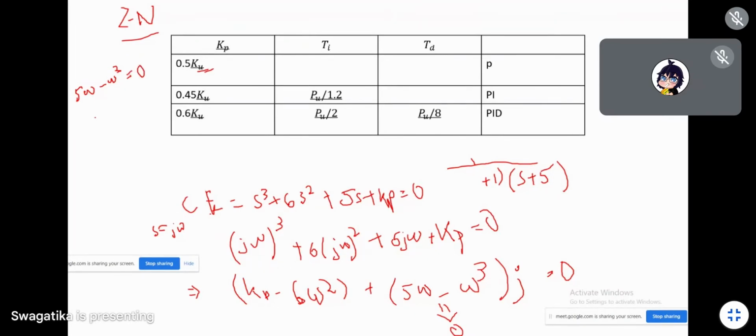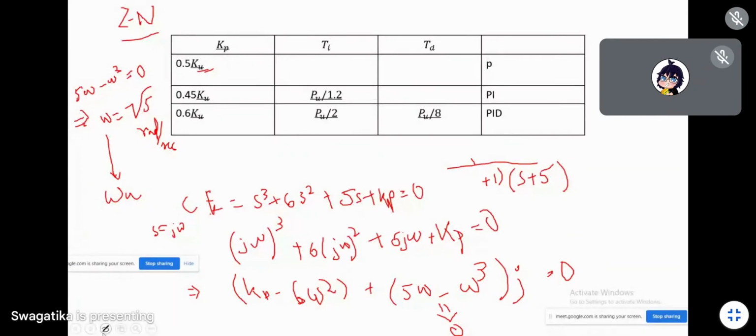Now by solving this, you will get omega equals to root 5 radian per second. You can consider this as omega u, right? Now the next step is to apply the RH criteria.